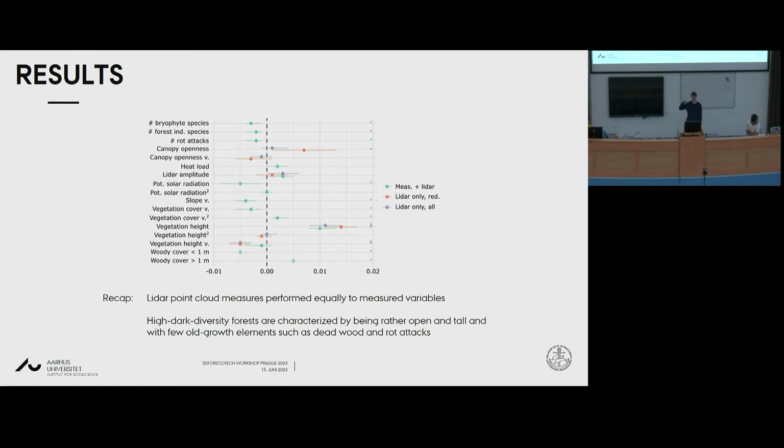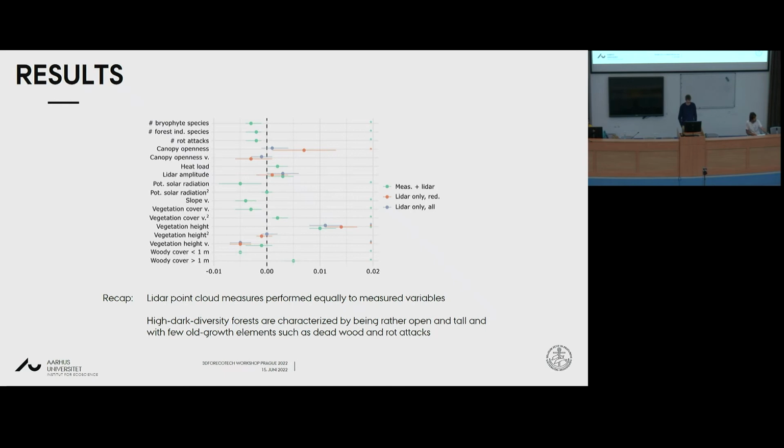For example, the fewer bryophyte species, the more plants are missing in that plot. And just to recap, high dark diversity forests are really characterized by being rather open and tall, and with few old growth elements, like, for example, dead wood and rot attacks.